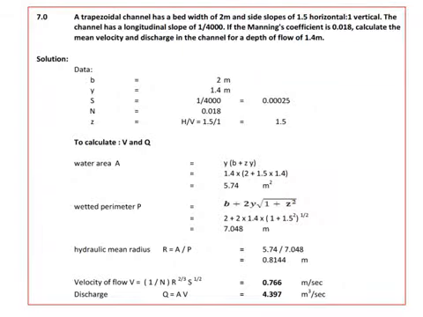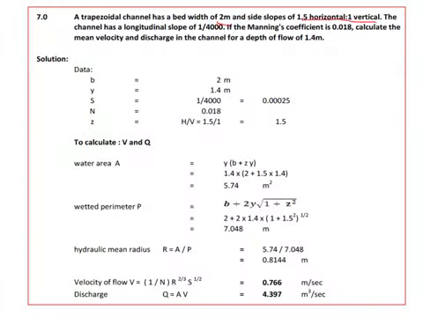So we have solved many problems on rectangular channels. From here onwards we start solving the problems on trapezoidal channels. Now for a trapezoidal channel, bottom width is given. So B is 2 meters. Side slope is 1.5 horizontal to 1 vertical.